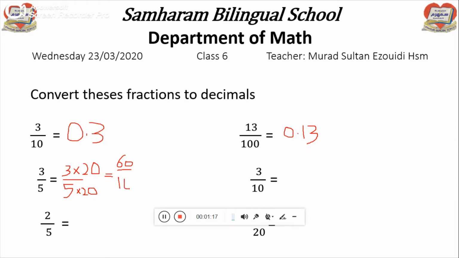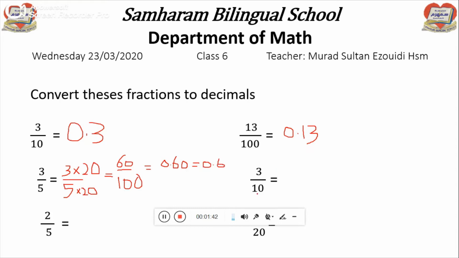Good boy, excellent. So this one can be written, it's very easy now, as 0.60, or you can also write it as 0.6. Both answers are correct.